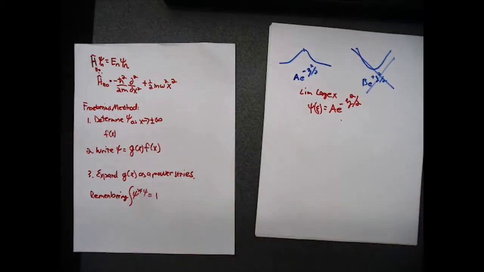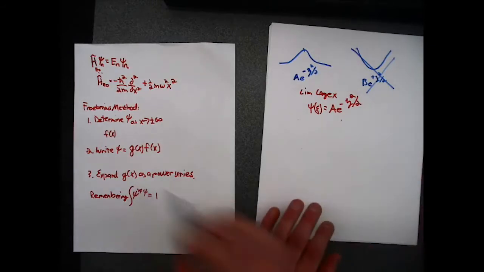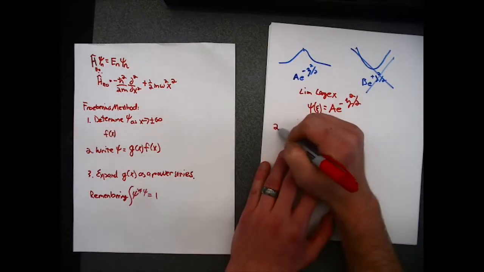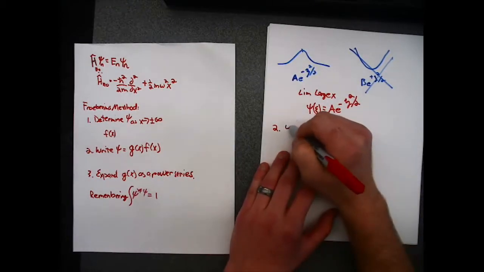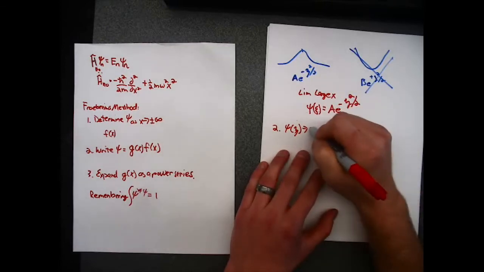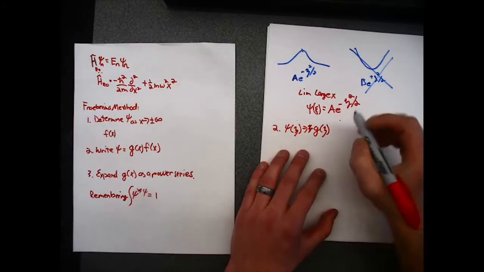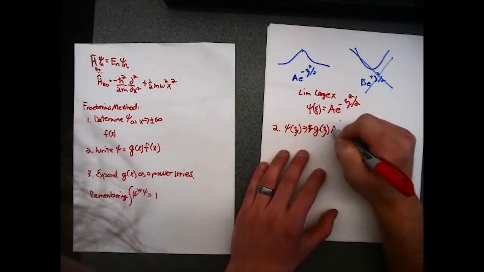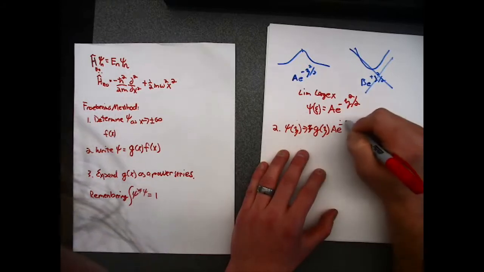Alright, so now that we have that, we're going to rewrite everything. We're going to rewrite our wave function as some other function times its asymptotic behavior. So we're going on to step 2 now. Psi goes to, call it g of c, times a e to the minus c squared over 2.